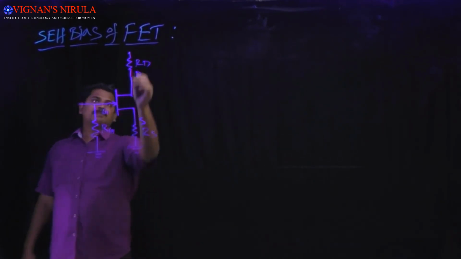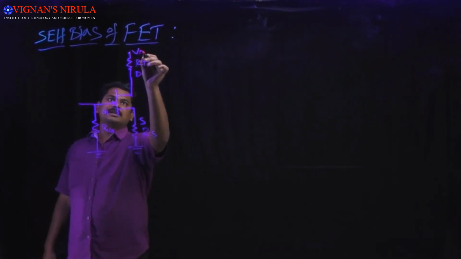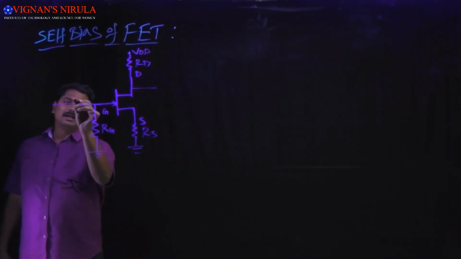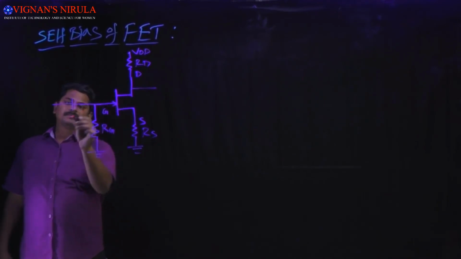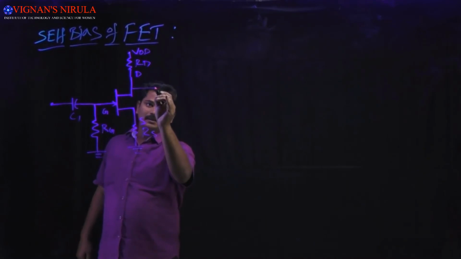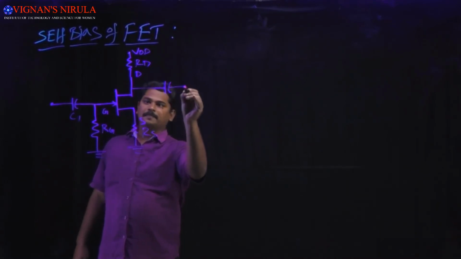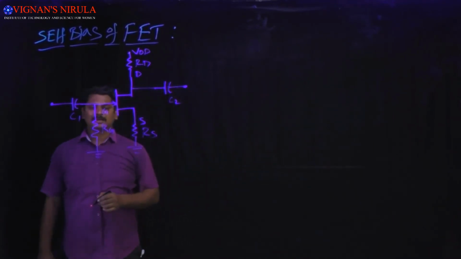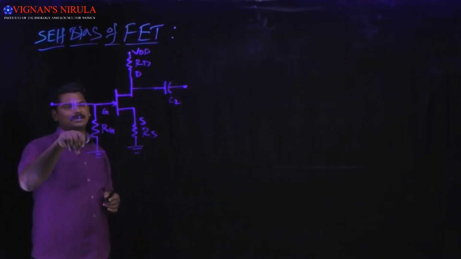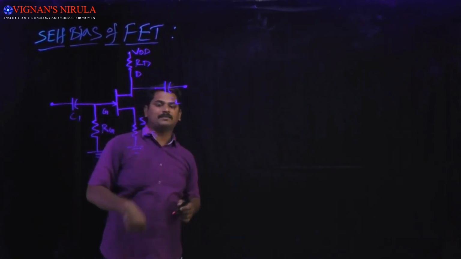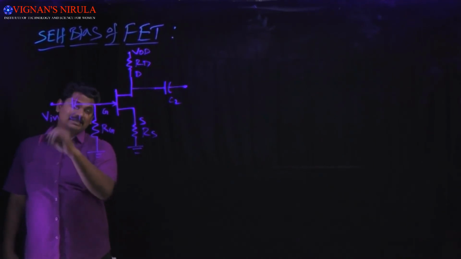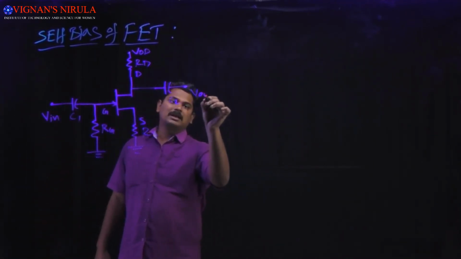The power supply we are giving here is VDD, and we are connecting 2 coupling capacitors: one coupling capacitor at the gate terminal, and one more, C2, at the drain terminal. Here we are giving the input AC signal, and this is the output.